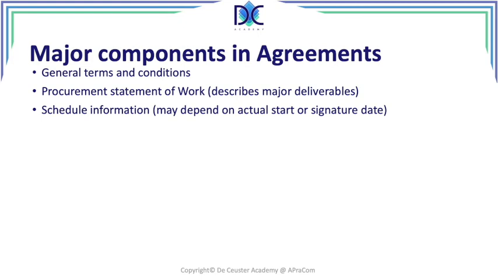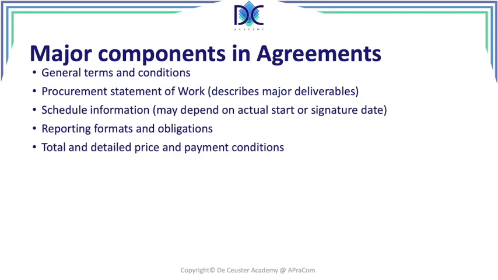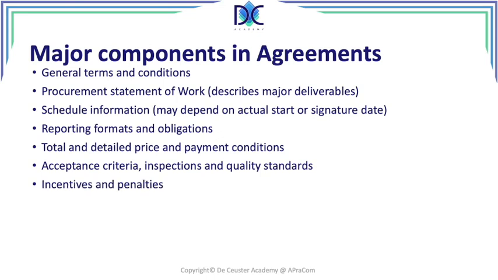So when will the different items be provided, when are they available? Reporting formats and obligations of both parties. Total and detailed price and payment conditions. We have to identify certainly acceptance criteria of the goods or the services that are provided. We have to foresee inspections, and we have to refer to the quality standards that are applicable here.